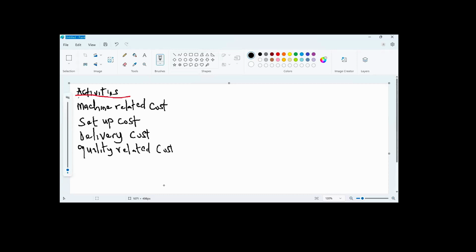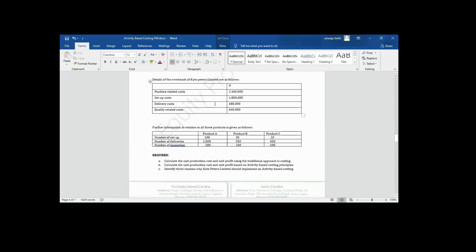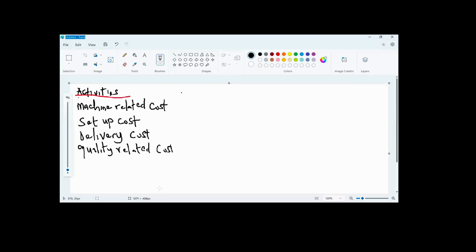What is the overhead for each activity? For machine, 2,460,000. For setup, 1,800,000. Delivery is 680,000.